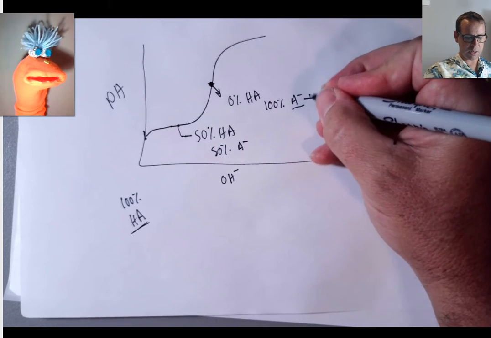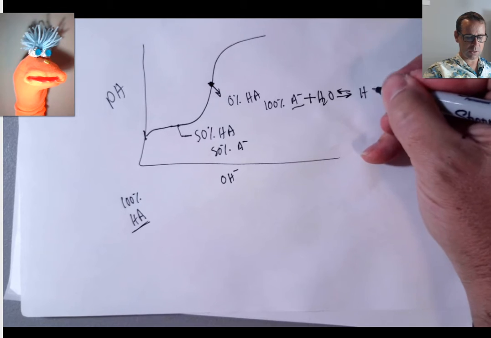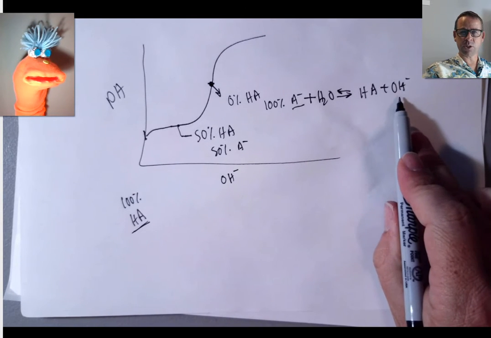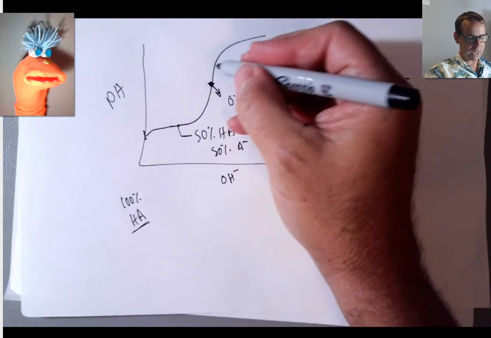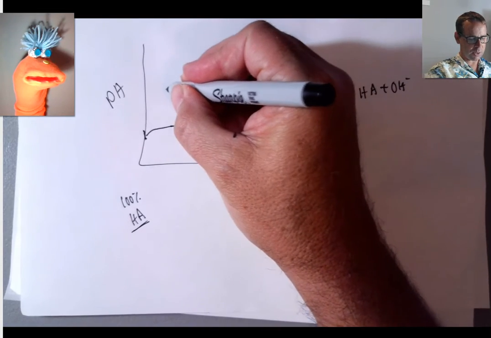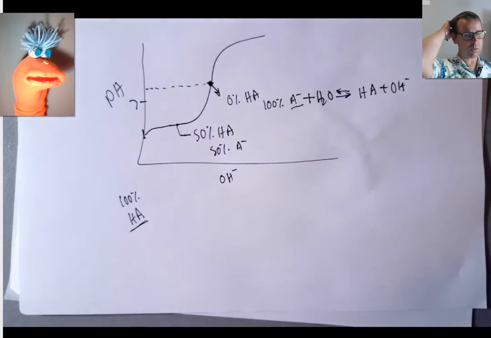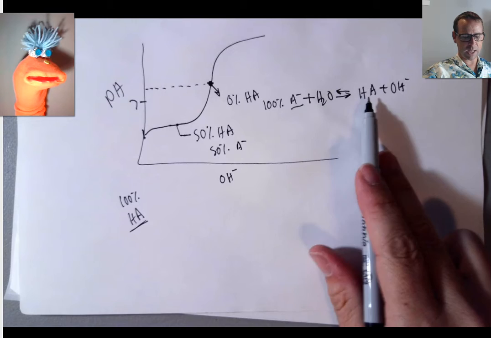And because that's there, it's going to be interacting with any water that it can find and creating a concentration of hydroxide ion. All right? So if this is a weak acid, I know that this point is definitely going to be above 7. So 7 will be below the end point for a titration of a weak acid.